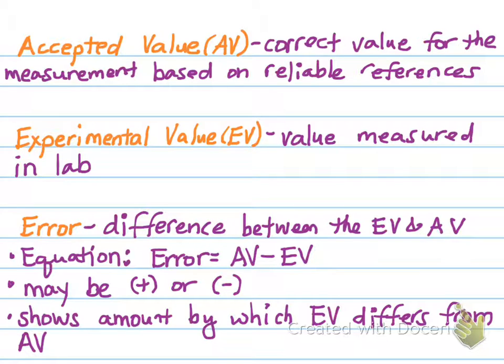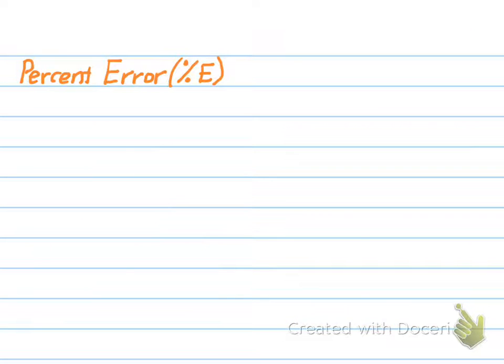So error is useful, but typically it's not what you'll be asked to calculate in a lab. Typically in a lab you're going to be asked to calculate percent error. Percent error is a relative error.